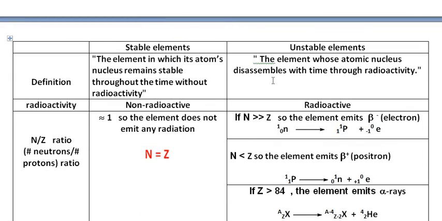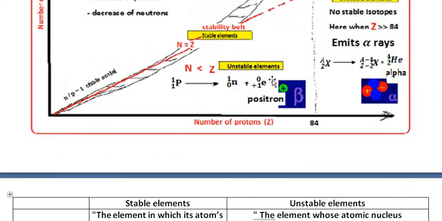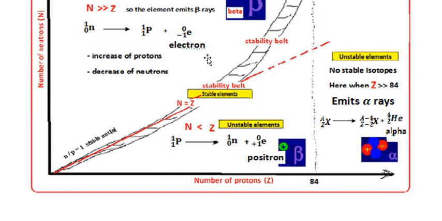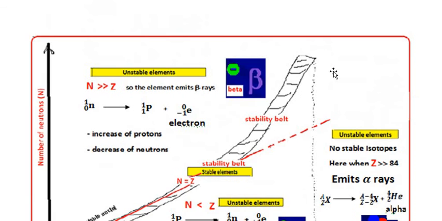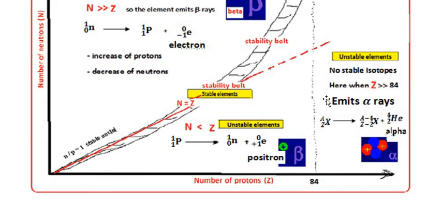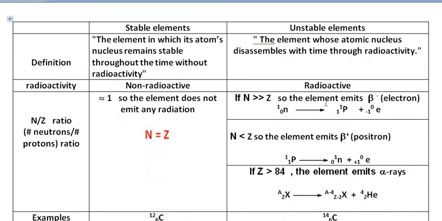If the element is unstable, as in the case of the elements on the left and the right, and on the right upper part of the graph, these elements emit radiations.